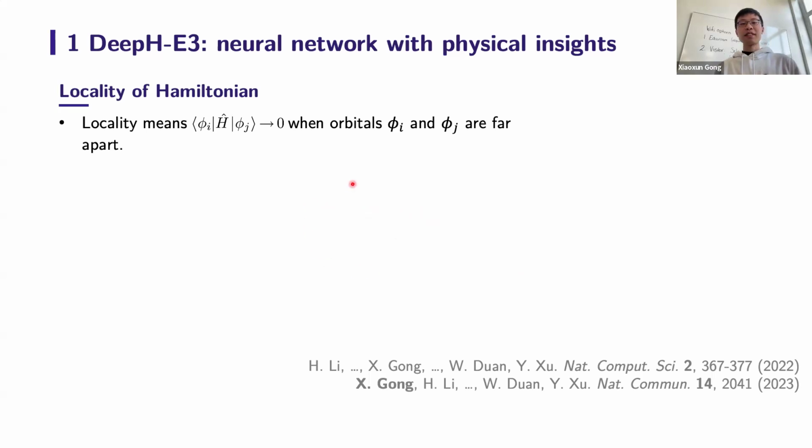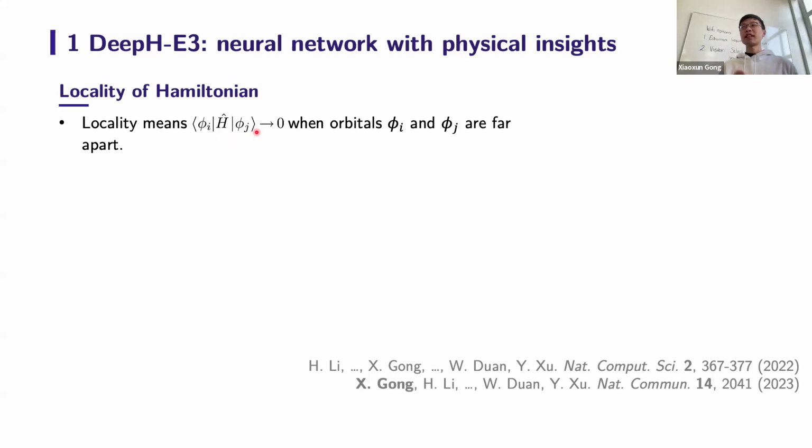First I would like to say that we are using the Hamiltonian under atomic orbital basis. The atomic orbital bases are local, so we can use these local atomic orbital bases to take advantage of the locality of Hamiltonian. The locality of Hamiltonian basically means that the Hamiltonian matrix element between 2 atomic orbitals will go to 0 when the 2 orbitals are far apart from each other.